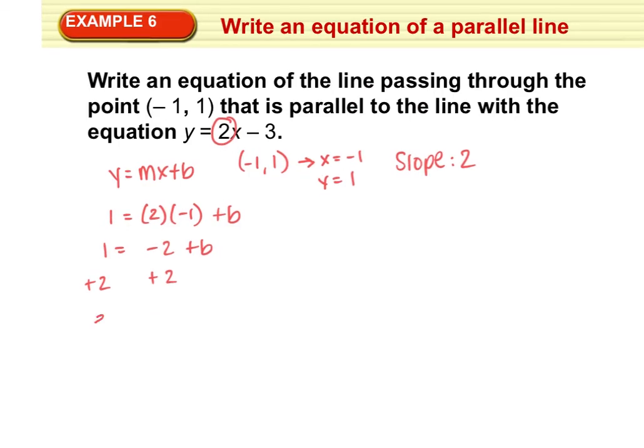We get 3 equals b. So our equation has to be y equals m, which we know is 2, x plus 3. That is the equation of the line that goes through the point -1, 1 and is parallel to the line y equals 2x minus 3.